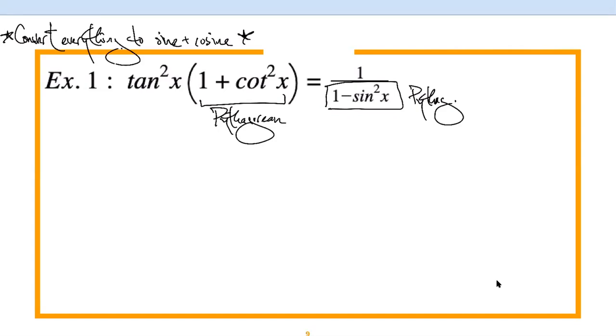Anybody else have a maybe we could try this? Okay. Well, one idea that hasn't been shared is sometimes I try and do something that is just straight up algebra.